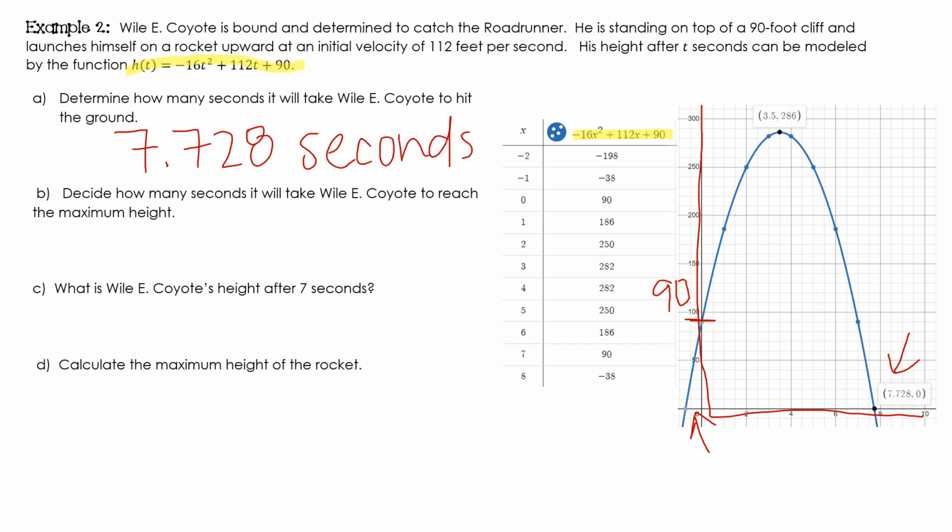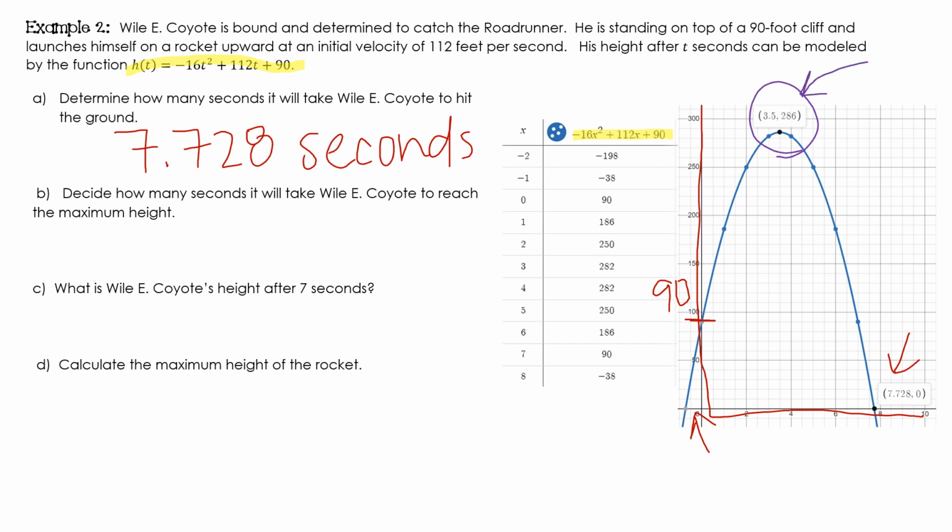Desmos is rounding to the nearest thousandths place, so we're going to leave this decimal as accurate as possible. The more that you round it, the less accurate that value is. So we would want to write the full decimal. Decide how many seconds it will take Wile E. Coyote to reach its maximum height. So the maximum height is at the vertex.